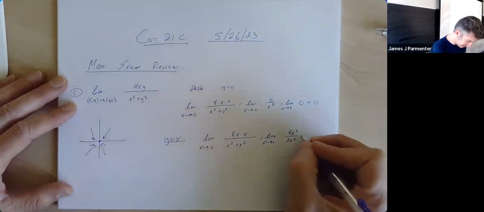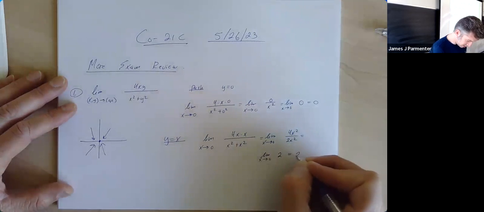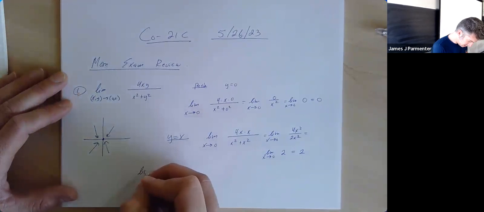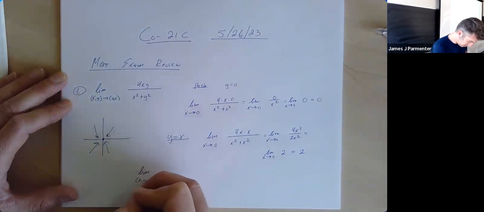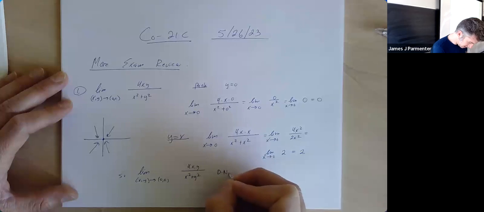And stuff cancels to leave you with the limit as x approaches 0 of 2, which is just 2. And so since those limits aren't the same, we end up saying that the overall limit doesn't exist. So the limit as x, y approaches the point 0, 0 of 4xy over x squared plus y squared does not exist.